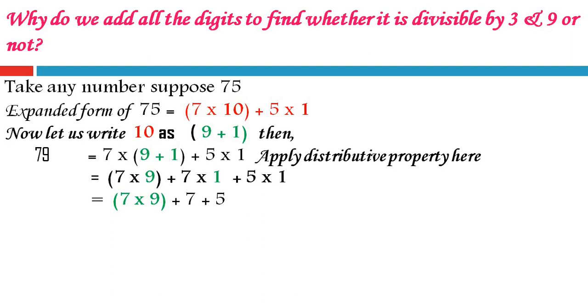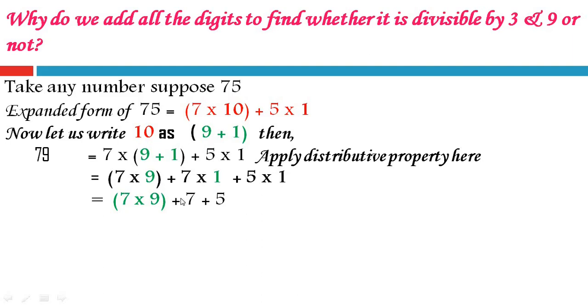Now have a careful look. Suppose these numbers are to be divided by 3. Here you can easily make out that 7 into 9 will be perfectly divisible by 3. It will be perfectly divisible by 9 also, as 9 is a multiple of 3 and 9 is a multiple of 9 also.